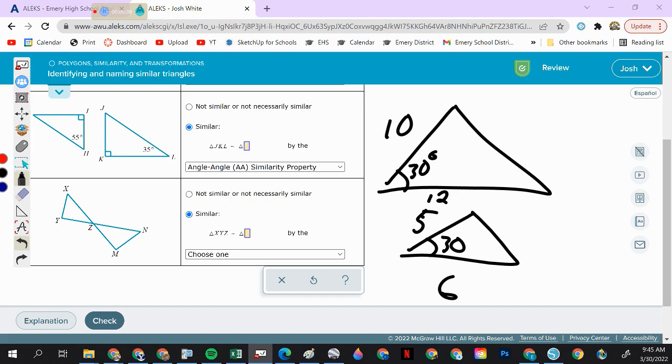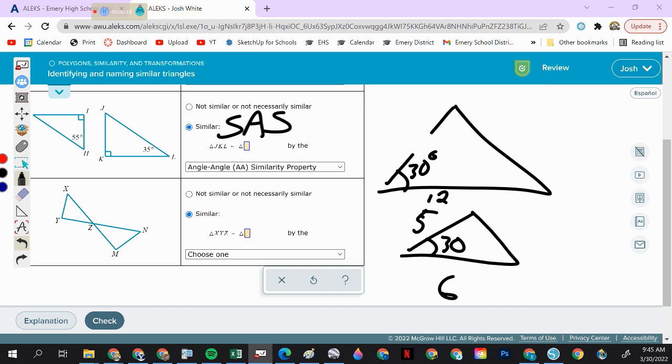Okay. 10 divided by 5 is 2. 12 divided by 6 is 2, and the angle is the same. But you have to be really careful here. It only works if you have side, angle, side, where the angle is between the two sides.